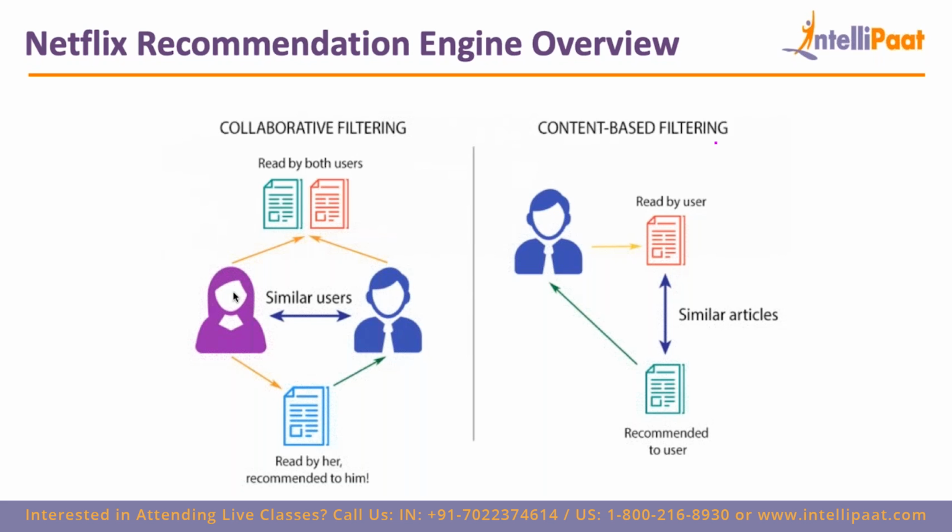So this lady will also be recommended Lagaan now. Why? Because she said she liked action movies, she liked romantic movies, she probably liked historical movies as well, and this guy also liked historical movies, right? So based on this, because these two people are similar, Netflix recommends both of them the similar movies that each one of them is watching, right?